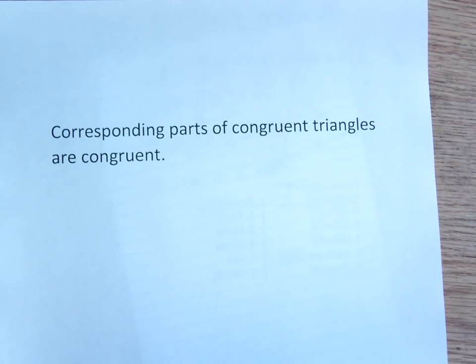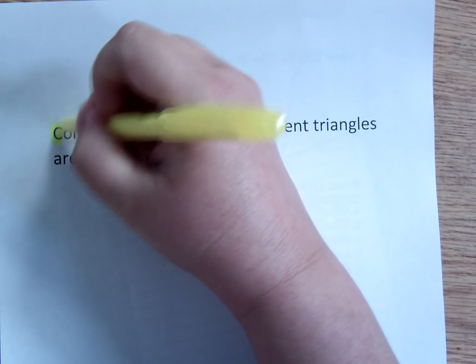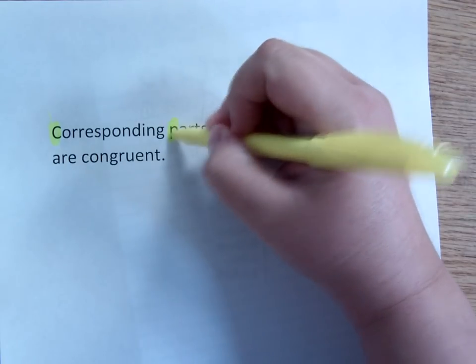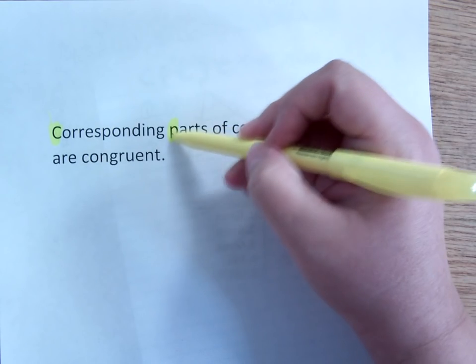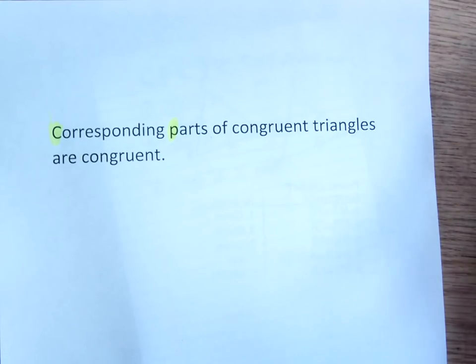And this sentence, basically, we treat it like it's a theorem. It kind of is. CP, corresponding parts. That means the parts that go together, the parts that match, for instance the angles that go together, or the bottoms of the triangles, or the heights of the triangles, the things that we would pair up. So corresponding parts are the parts that go together of congruent triangles.